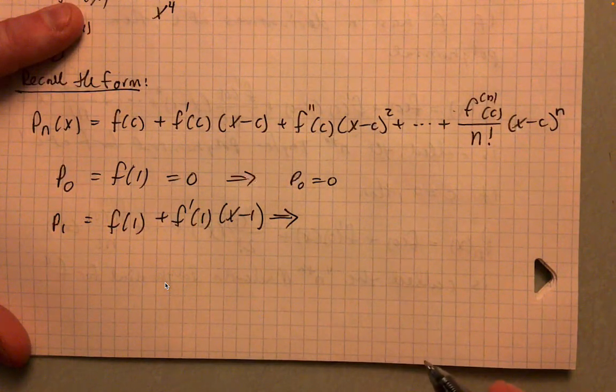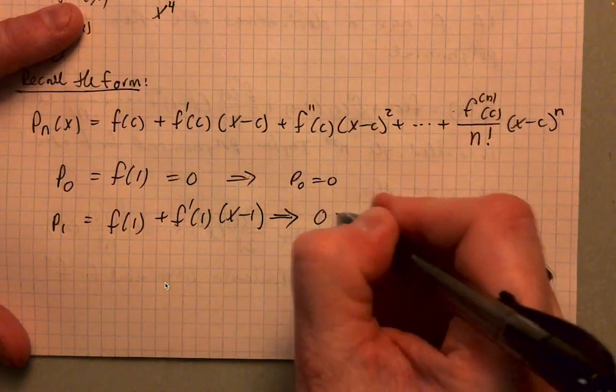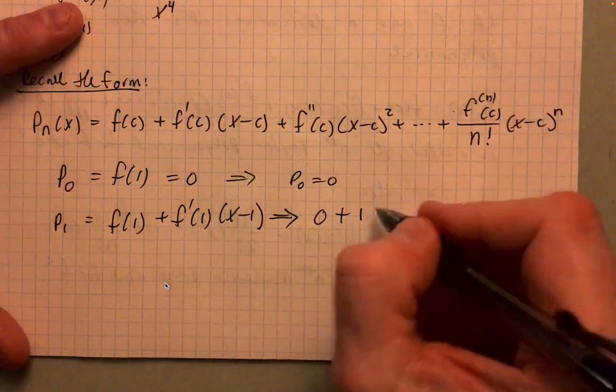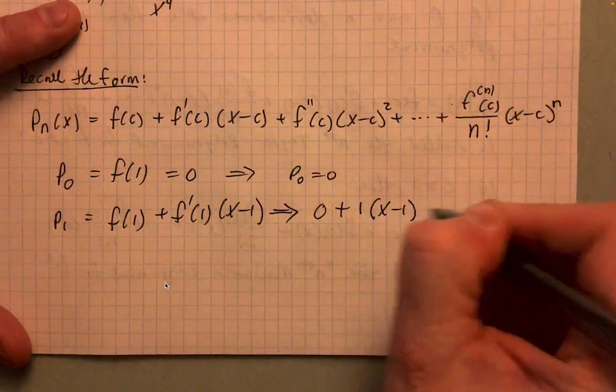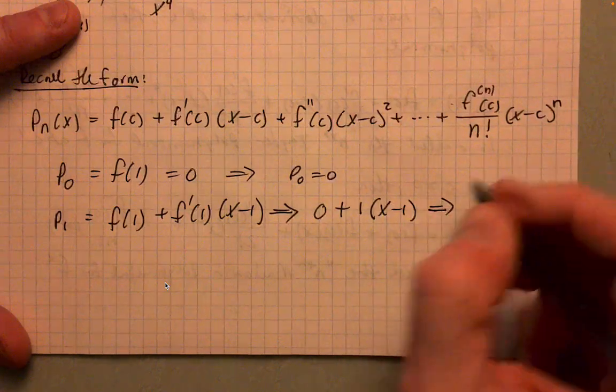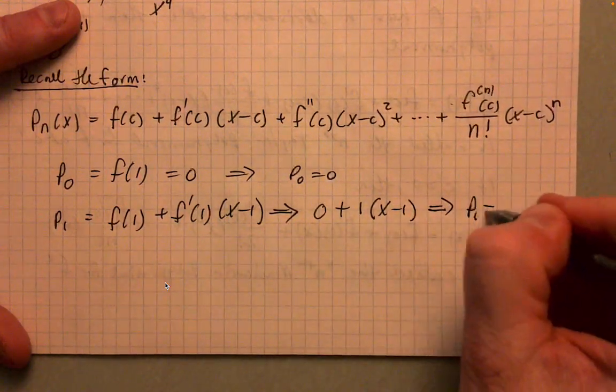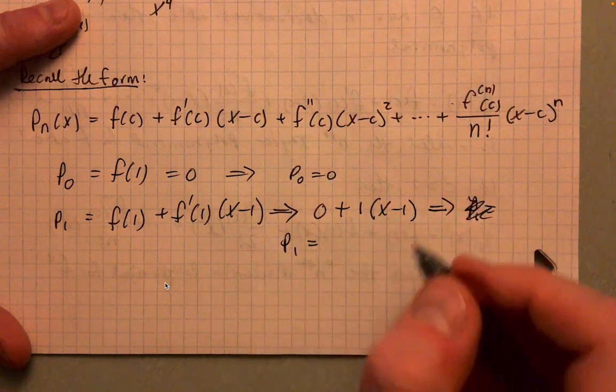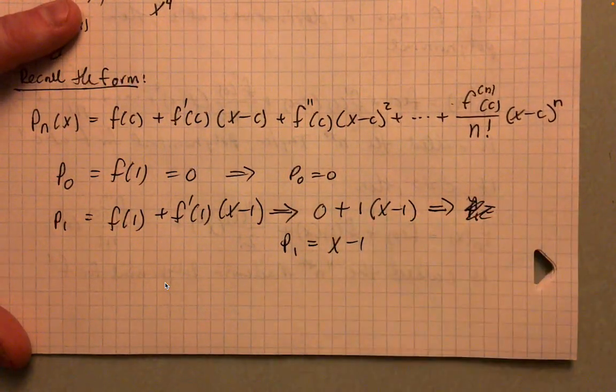Okay, so what do we get there? We get 0 plus 1, so f prime of 1 was 1, and then it'll be x minus 1, right? And so p1 is equal to x minus 1.